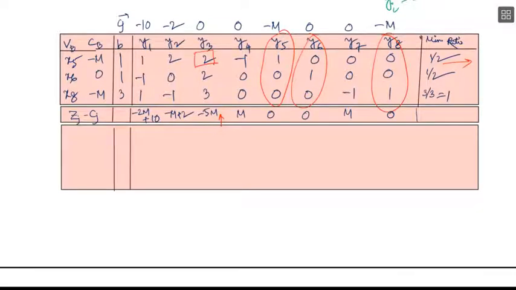So we divide the first row throughout by 2 and get the new values as 1 by 2, 1 by 2, 1, 1, minus 1 by 2 and 0.